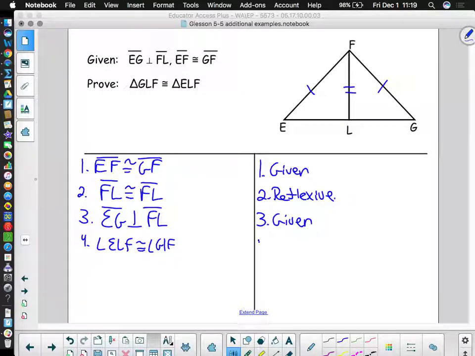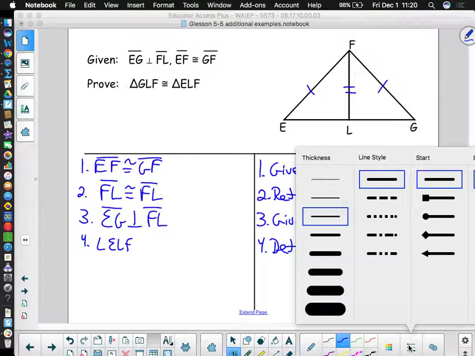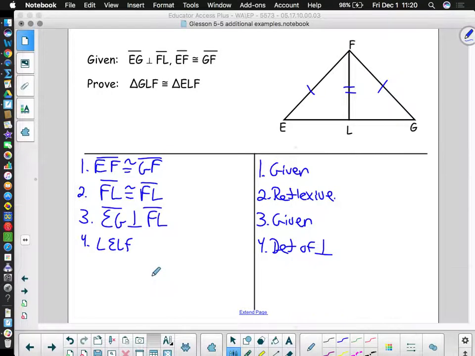Okay, and that's definition of perpendicular. Well, I didn't say, I'm sorry, I meant to say the right angle. Sorry, I got ahead. Got a little bit excited. Not too quick. ELF and GLF are right angles.